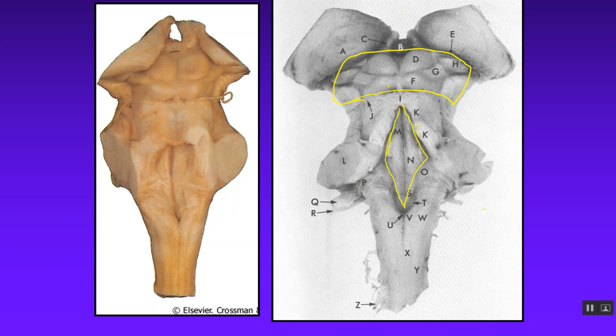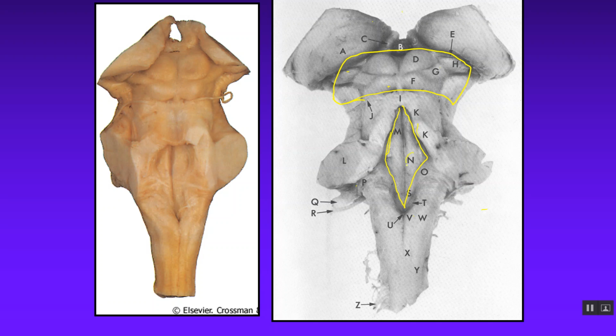It's a depression, an opening there. That becomes the floor of your fourth ventricle. You have to have a cerebellum to have a fourth ventricle. The roof of the fourth ventricle is the cerebellum. We pulled the roof of it off. We're looking at the floor of the fourth ventricle there, where some cerebrospinal fluid is. So that's the rhomboid fossa.